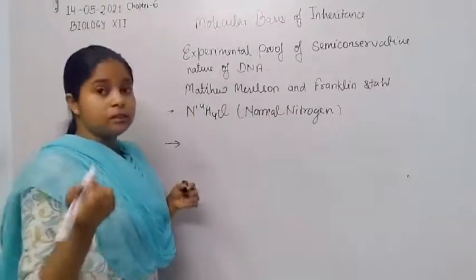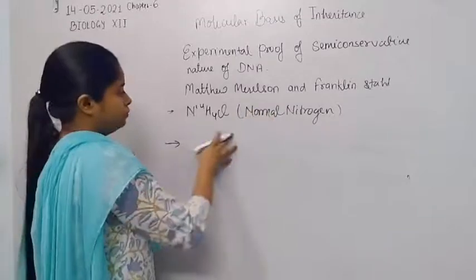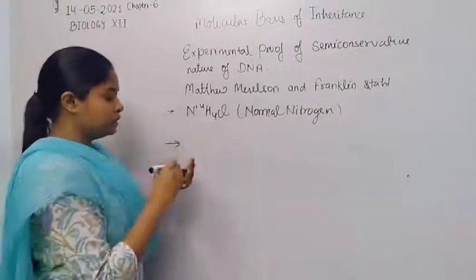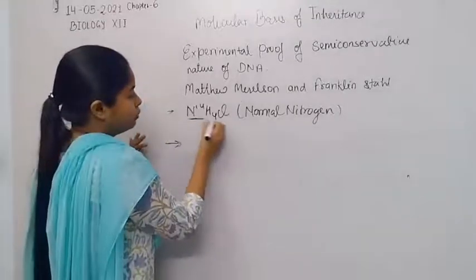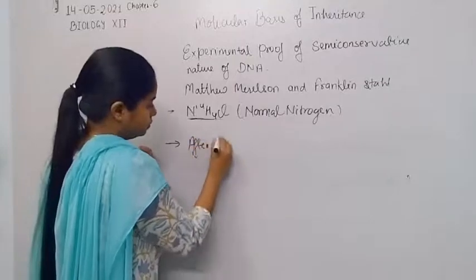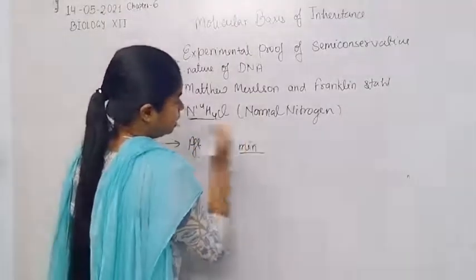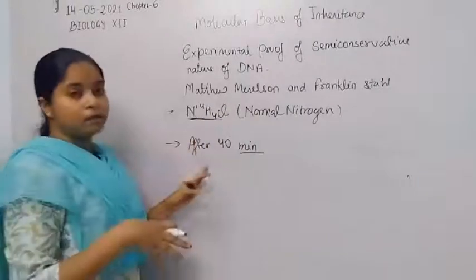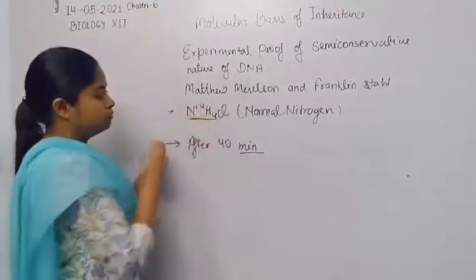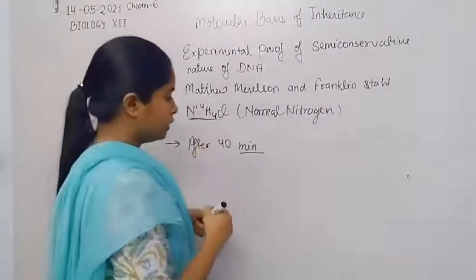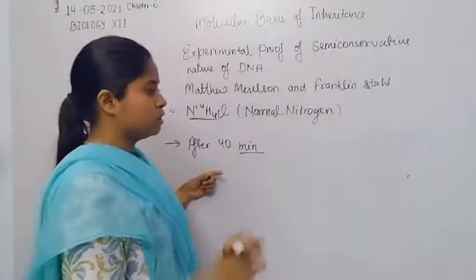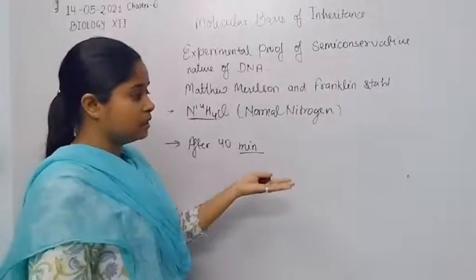After 40 minutes they again collected the bacteria which grew on the N14 medium, and with the help of cesium chloride and centrifugation, the strands again get separated from each other.